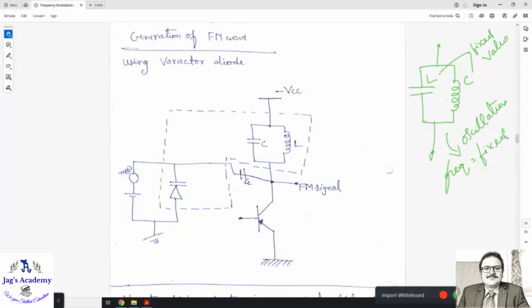That means if you want variable frequency, you have to change the value of either C or L. Yes or no? Now, what should I do to use this circuit as an FM modulator? Come on, answer my question.